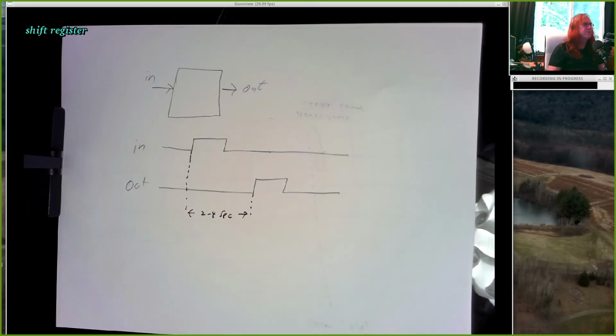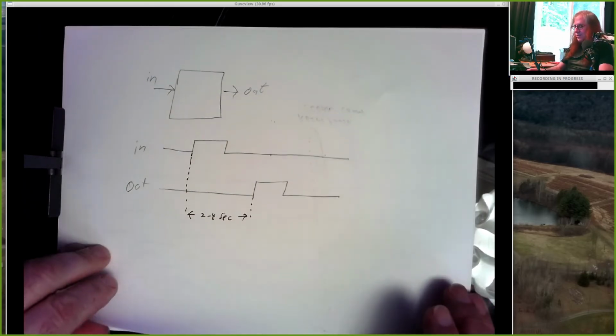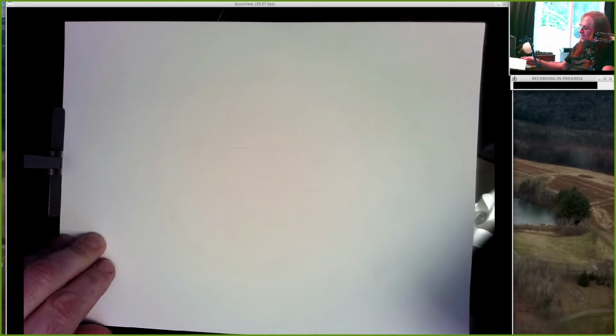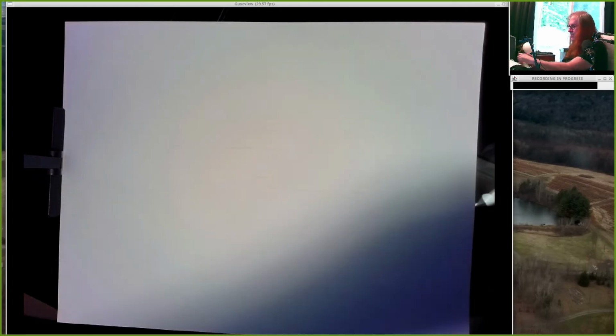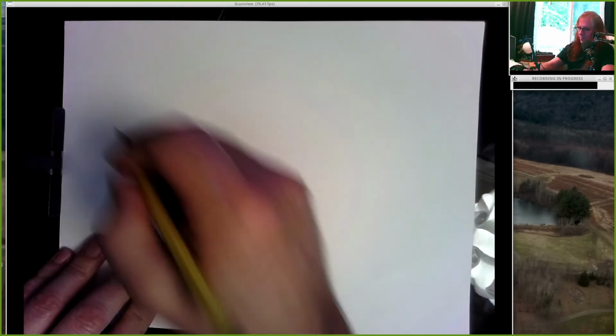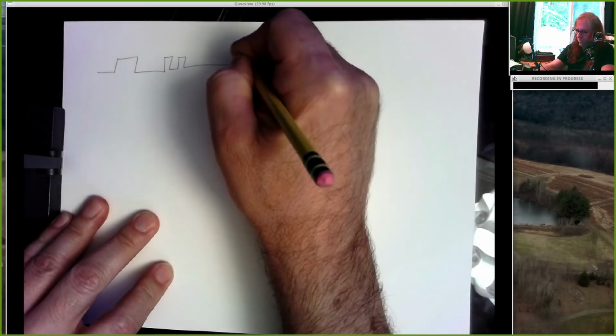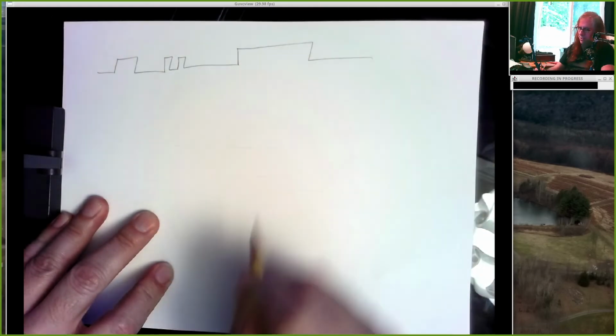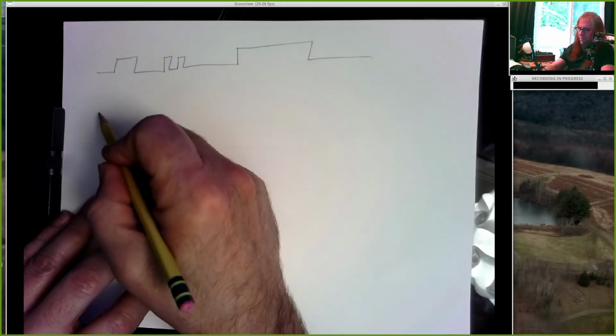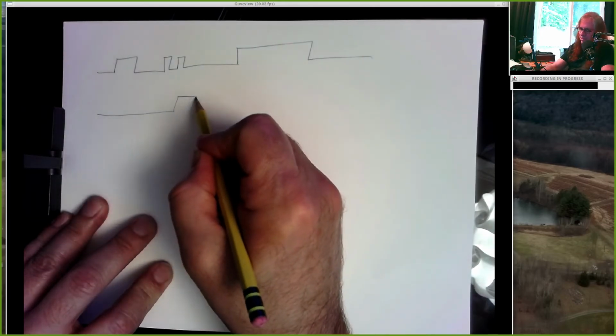Alright, so we're going to build a circuit called a shift register. And a shift register is basically a way to take an input like this and generate an output like this.